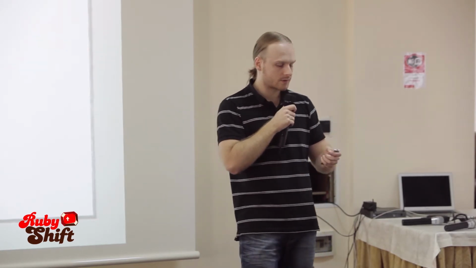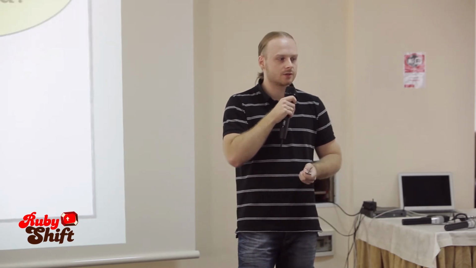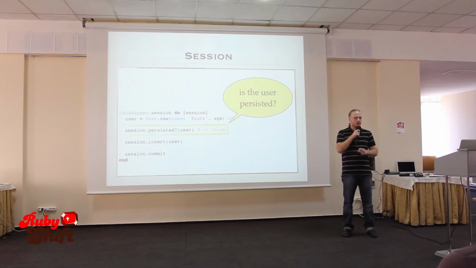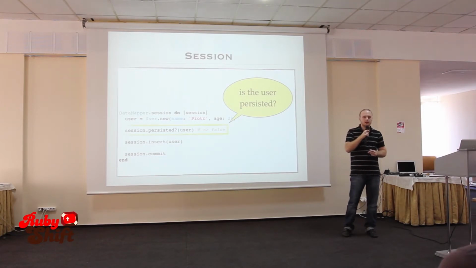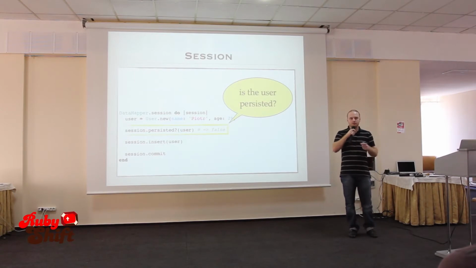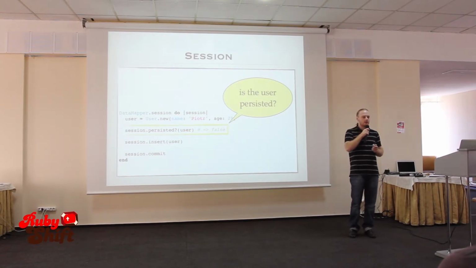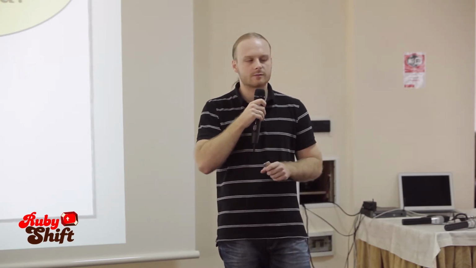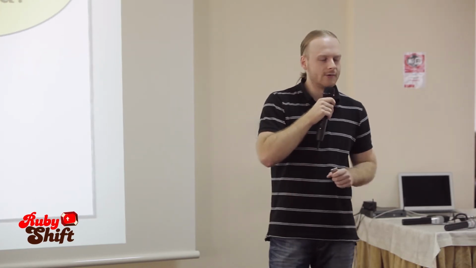So, how does it work? Within the session, we create a new user, and we say, okay, session, is the user persisted? And this is another difference. In Active Record, you ask the object if it was persisted. Like in Active Record, it's called, I believe, new_record?, or something like that, or persisted? as well.